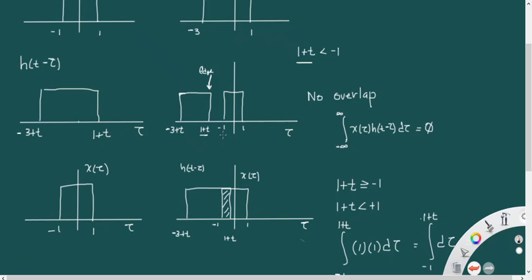Well, this is the minus 1, which is the lower boundary of this x of tau function. And the h of t minus tau equals this function here. So we are going to keep this edge front in the front. This is 1 plus t at any value of t less than minus 1. So in this case, we can conclude that there is no overlap.